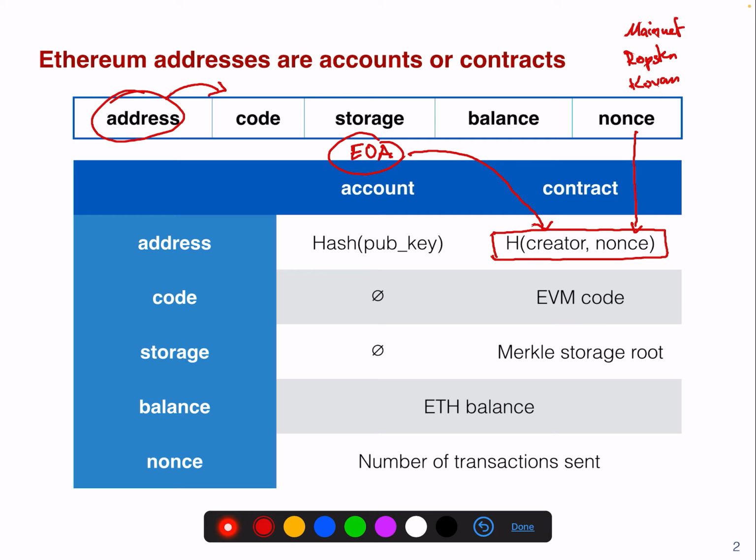So if you have the same public key of an externally owned account, then you can create the same contract address on these different networks, right? So you can basically have the same public key and the same address for an externally owned account on all three of these networks, and you can also have the same contract address on all these three networks if you make sure that your deployer address, which is your deployer externally owned account, uses the same nonce.